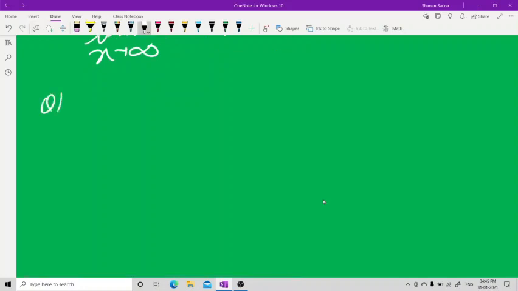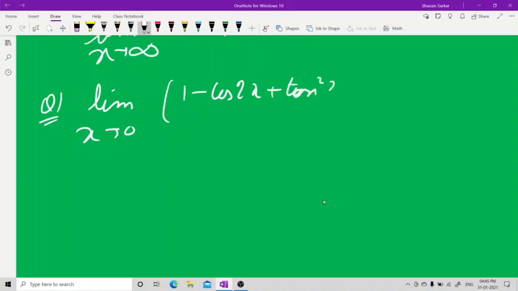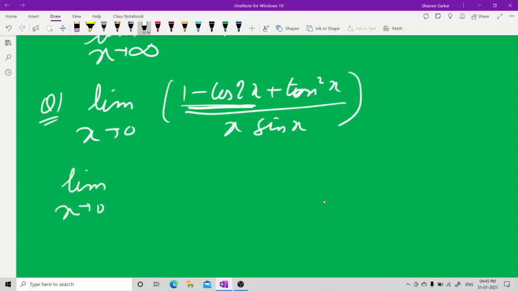Limit x tending to 0, (1 minus cos 2x plus tan square x) upon x sine x. The best way is to separate this. I told you always, so I will not tell you what to do, I'll do it directly.